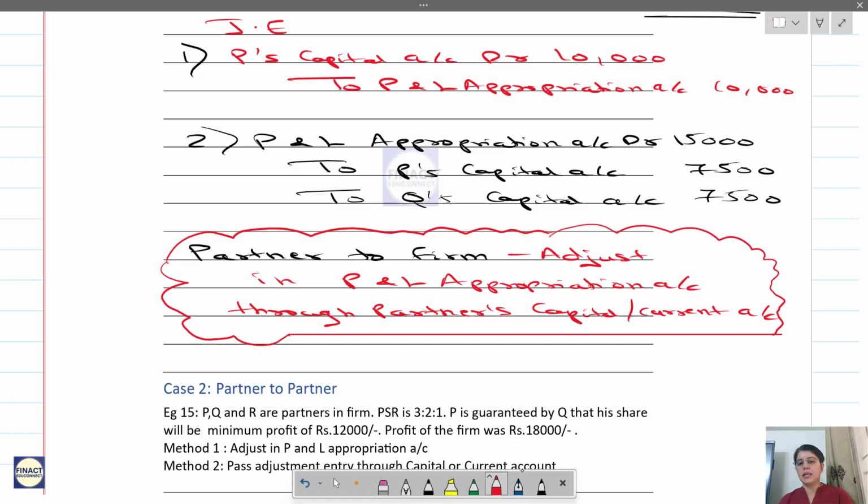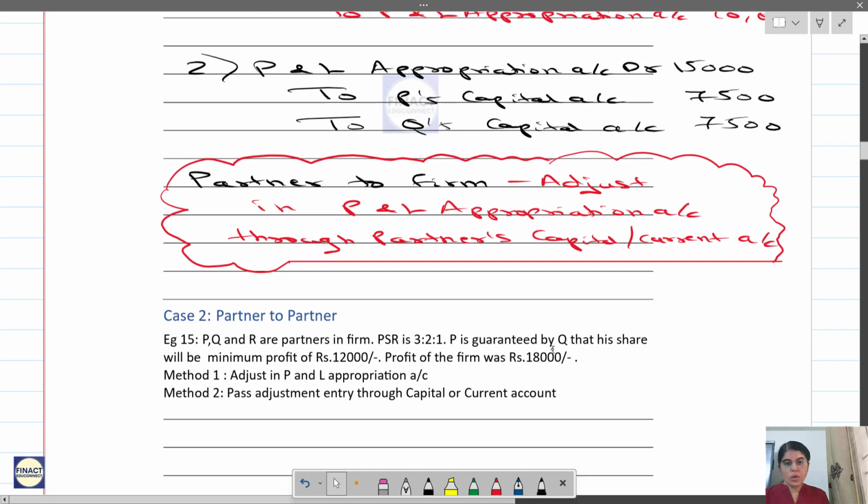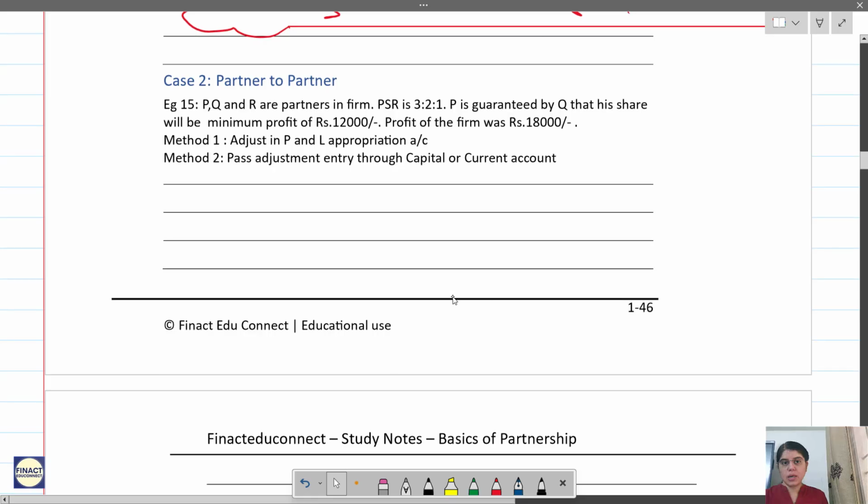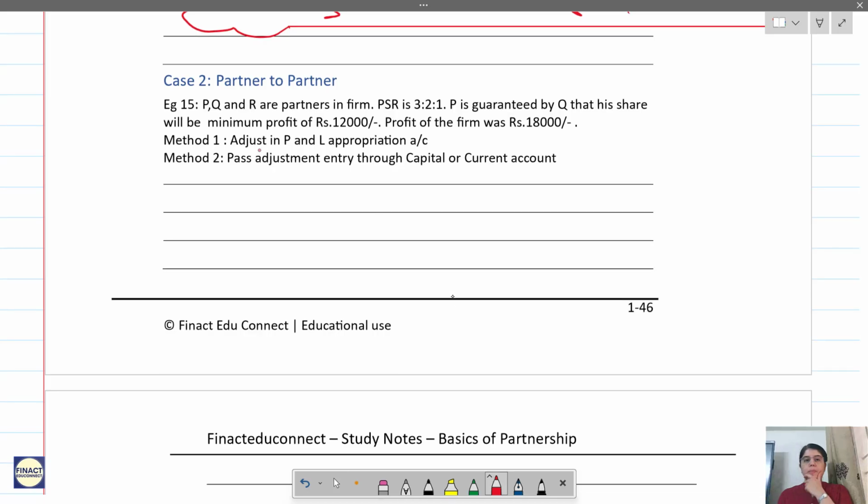Is this clear? Now let us go to case 2 here. Partner to partner. So P, Q, R are the partners in the firm and their profit sharing ratio is 3:2:1. P is guaranteed by Q. So who is guaranteed here?